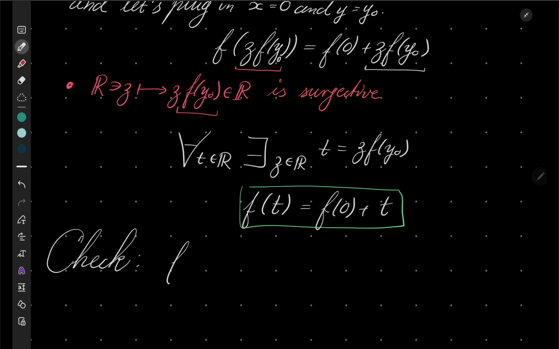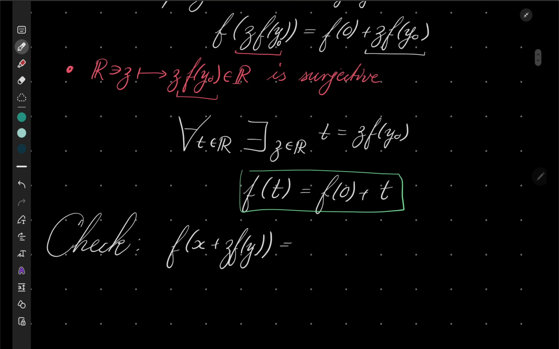So our left hand side was f(x + z f(y)). Let's plug in this derived formula for f(t). We get x + z f(y) + f(0).